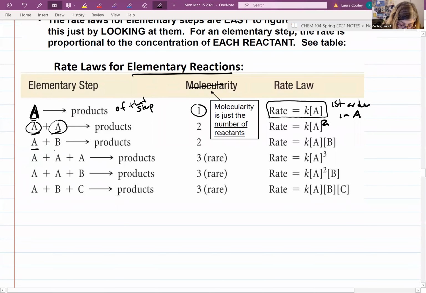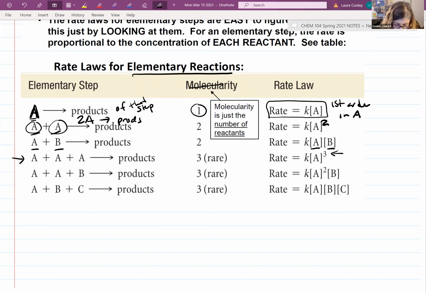So for example, A plus B, that's going to be first order in A, first order in B. A plus A, that's first order in A and first order in A, which makes it second order in A, actually. If you have two of the same, this would also be 2A goes to products. Then you would say, oh, that's second order in A. If you have a collision of 3 A's, that would actually be third order in A. These are all possibilities of elementary steps.